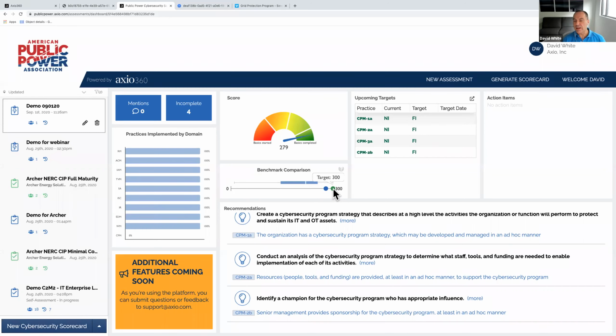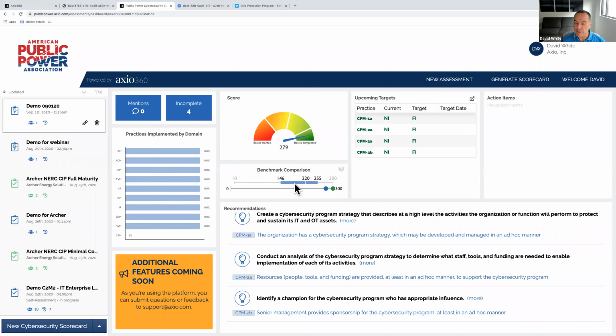We set that as the target for you whenever you create a scorecard, because the recommendation from the Cybersecurity Capability Maturity Model, the C2M2, is that any organization implement these 51 things. So since that's the recommendation of the model, we set that target for you of full implementation for every practice that you've answered in the scorecard. And so you can see that target there.